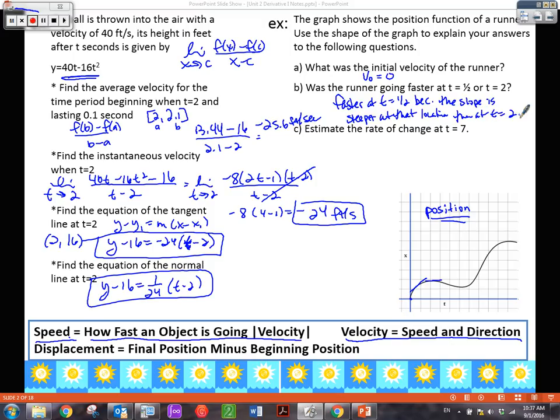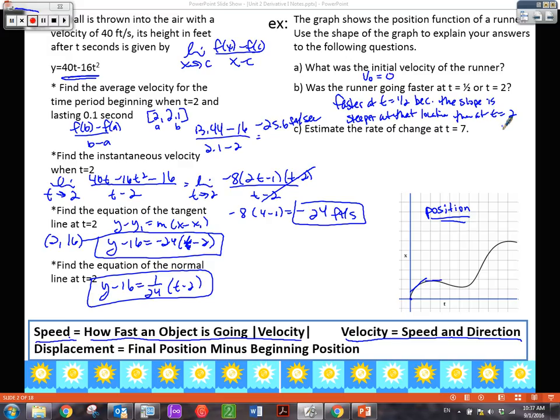Okay, we can't just say it's steeper there because that might not be true. If you look over here, that looks pretty steep right there. So we have to compare it. We're comparing t equals 1/2 and t equals 2. So to have an appropriate explanation for our answer, you need to be specific. You need to talk about steeper and the two locations that you're comparing. If you don't have those things in there, you don't have a complete explanation.